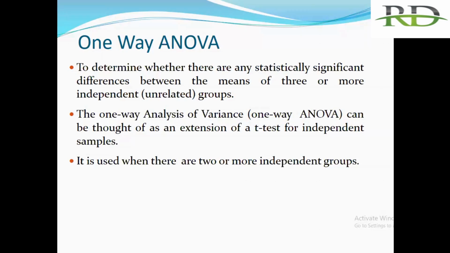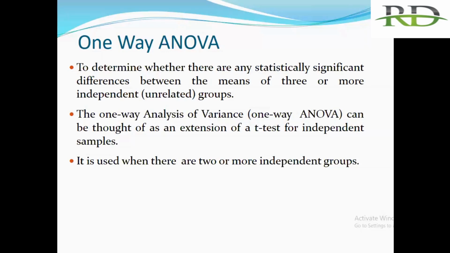That is what we test: whether the average height for all 4 regions, north, east, west and south, is equal or not. If the mean is not equal, then there will be some variation in the height.